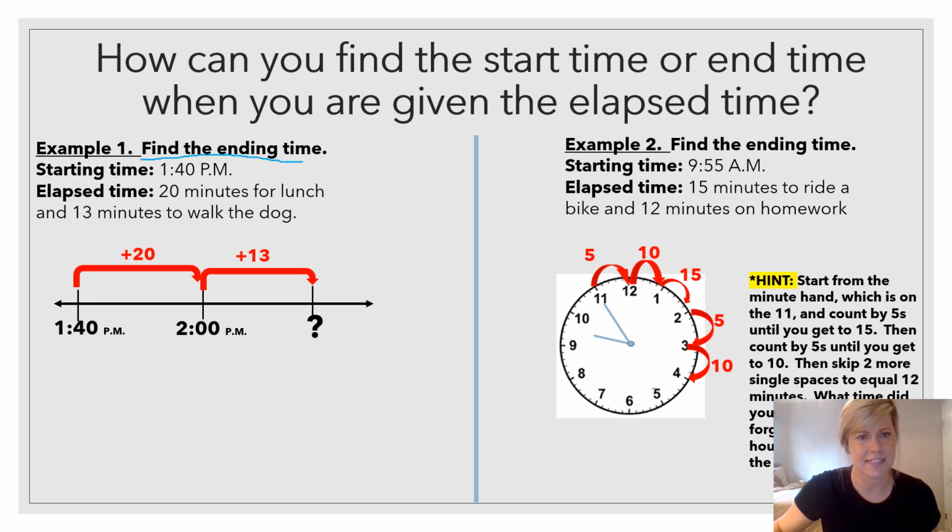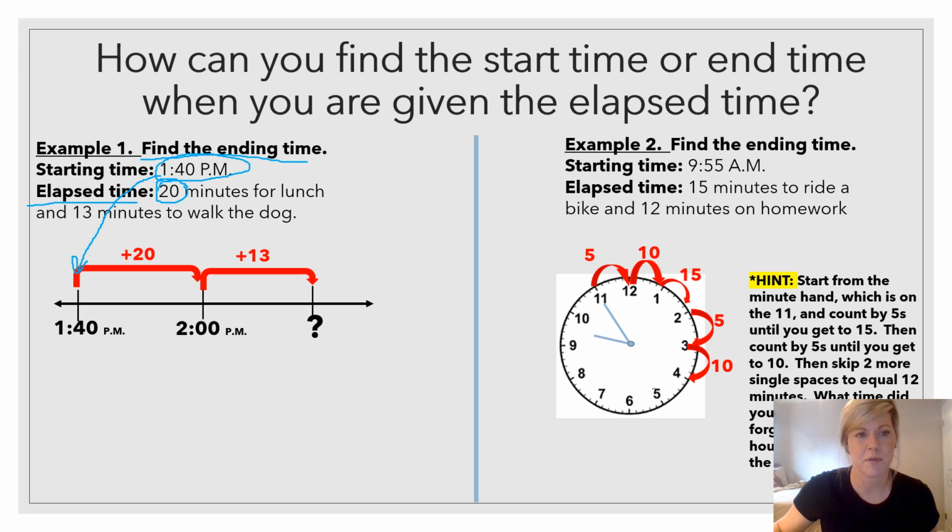Finding the ending time. The start time is 1:40. If it's the start time, it goes at the beginning of the number line. Elapsed time is given. It's telling me what to skip by this time. I don't need to guess what should be a good number to skip by. This time I can skip by what they give me.